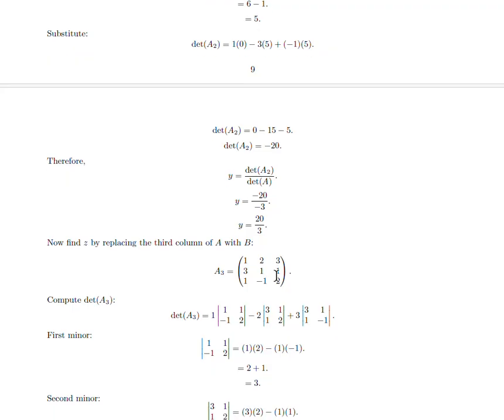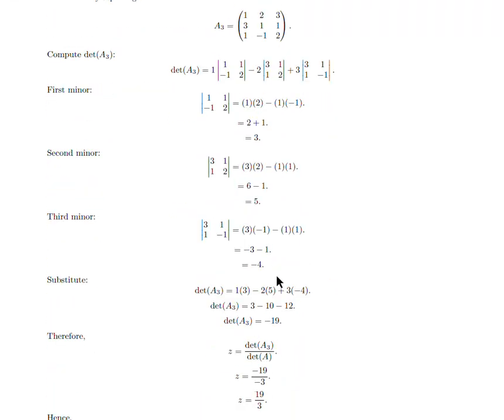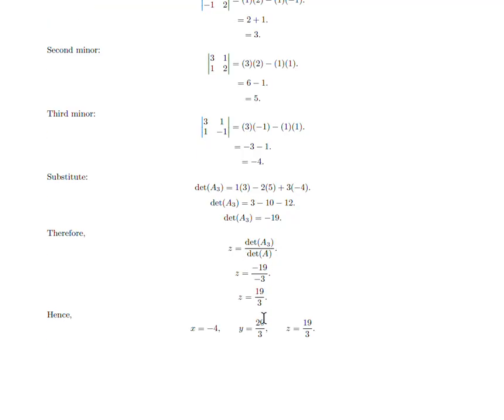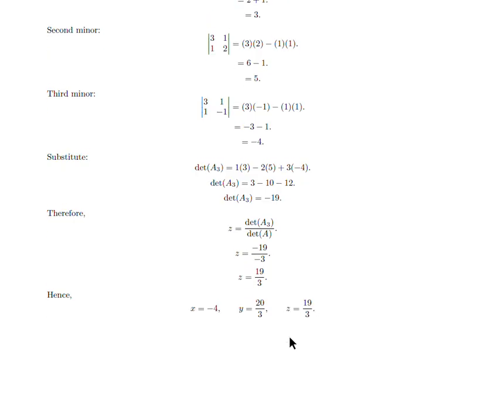Find the determinant of A3, same procedure. We have minus 19, and z will be determinant of A3 over determinant of A. That gives us 19 over 3 at the end of it. So x is minus 4, y is 20 over 3, z is 19 over 3.